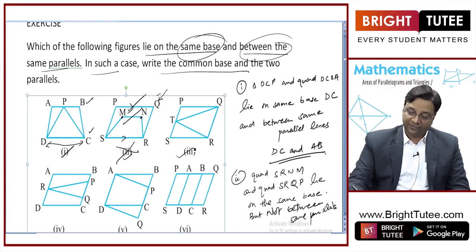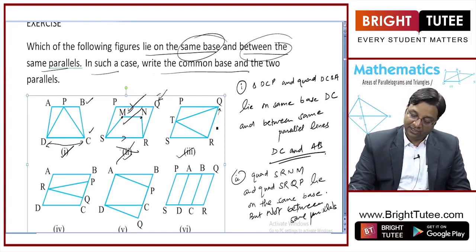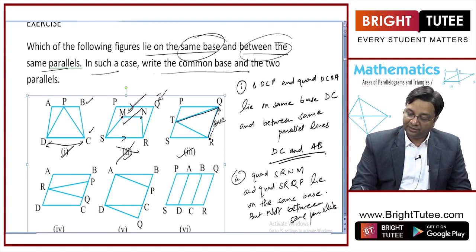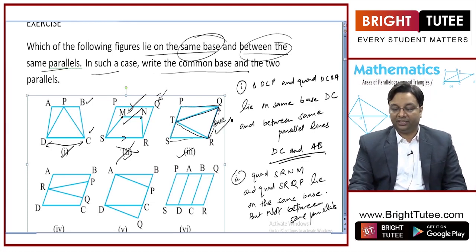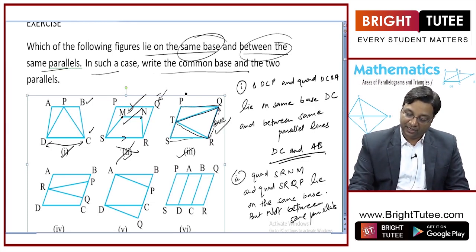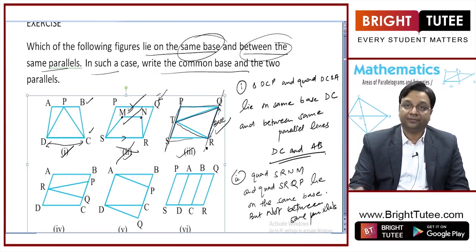Let us look at this case. If I consider this QR as base, right, then this triangle TQR and quadrilateral PQRS lie on same base QR and between parallel lines PS and QR.